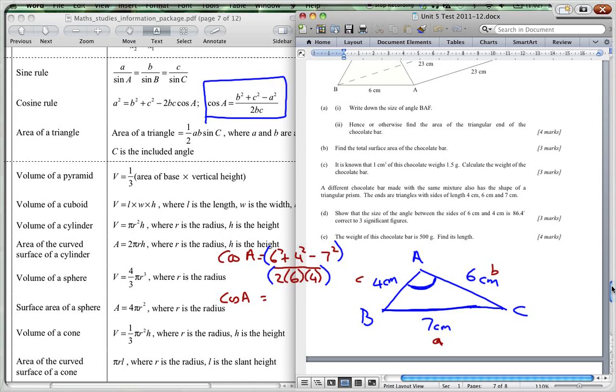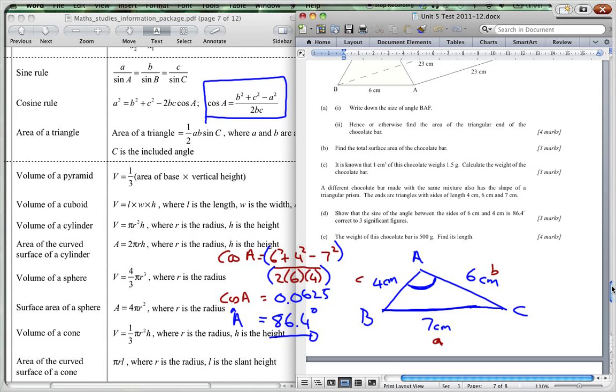And you get a value of 0.0625. Now to find A, you push second function cos, and then use the answer, close brackets, enter, and I get my angle A is equal to 86.4 degrees.